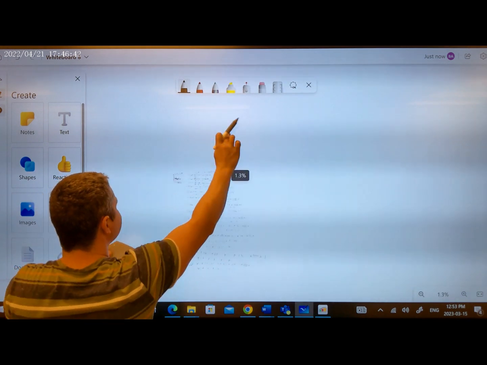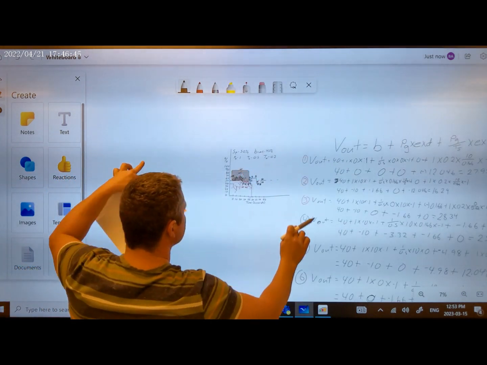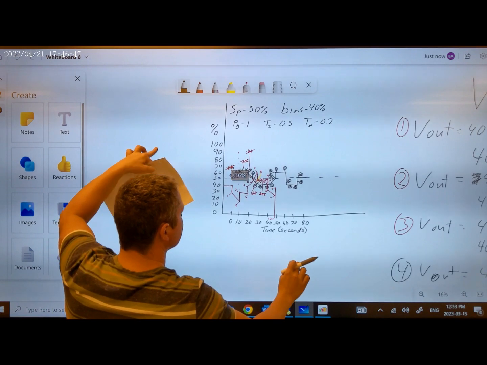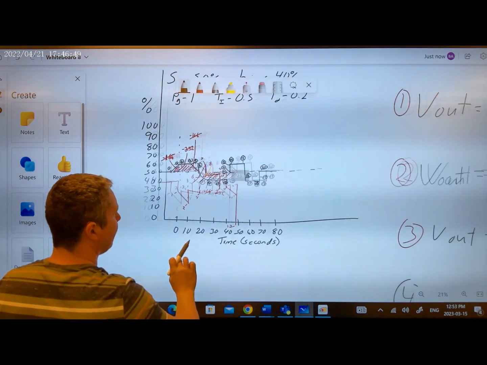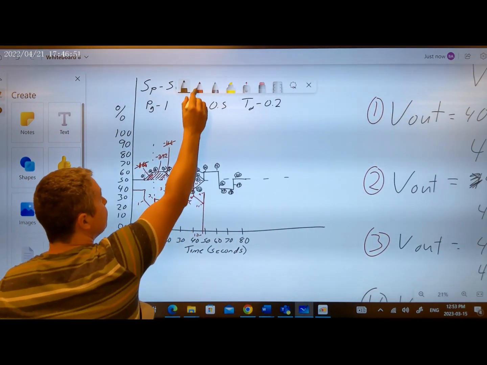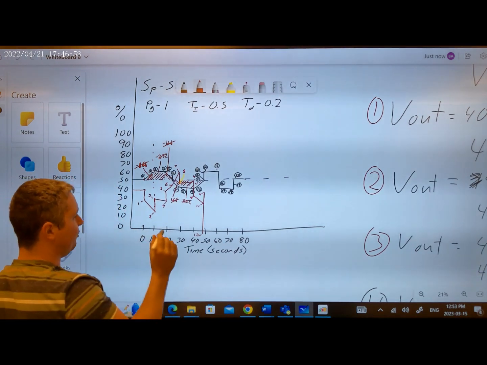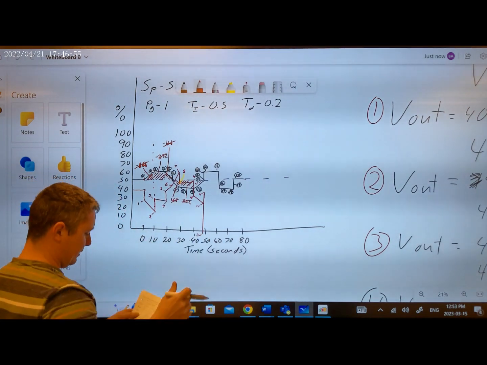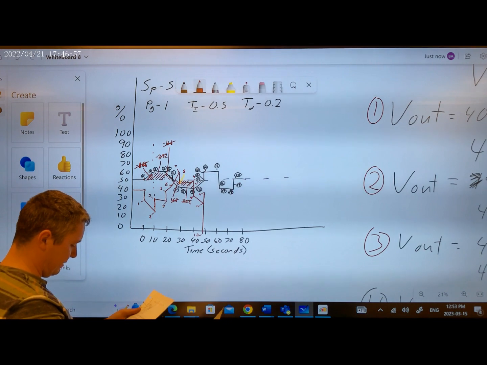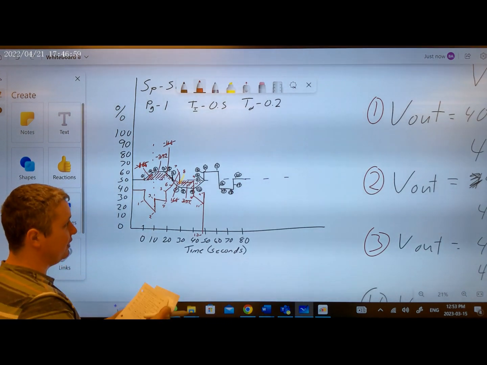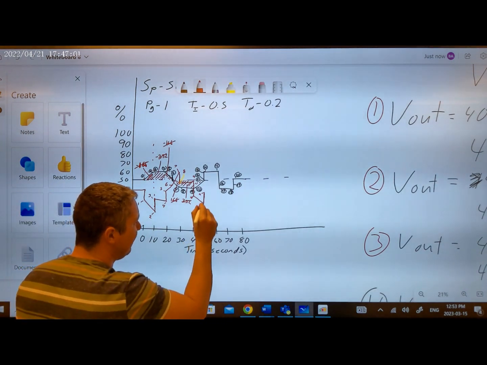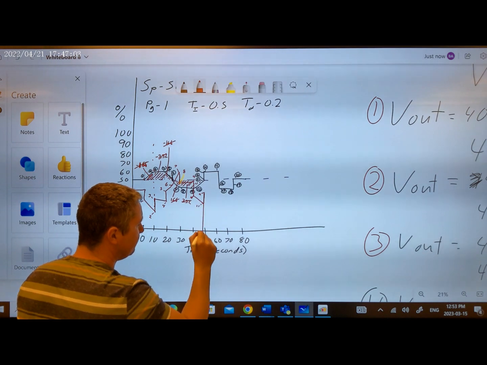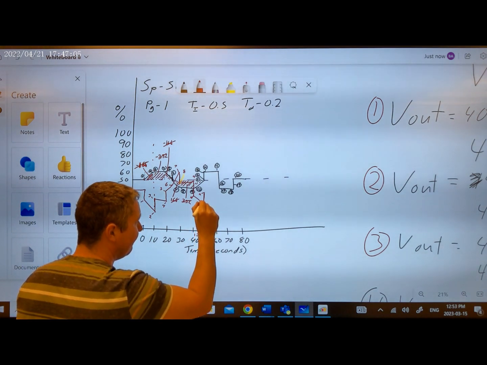So, now, at point 14, we come back up. Now, point 11 was, I think, 27. 27. So we come all the way back up to where we just were pretty well.